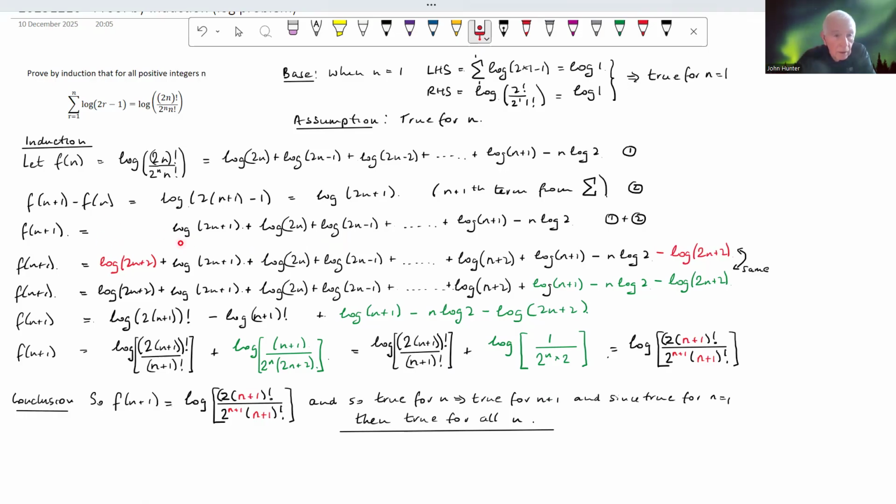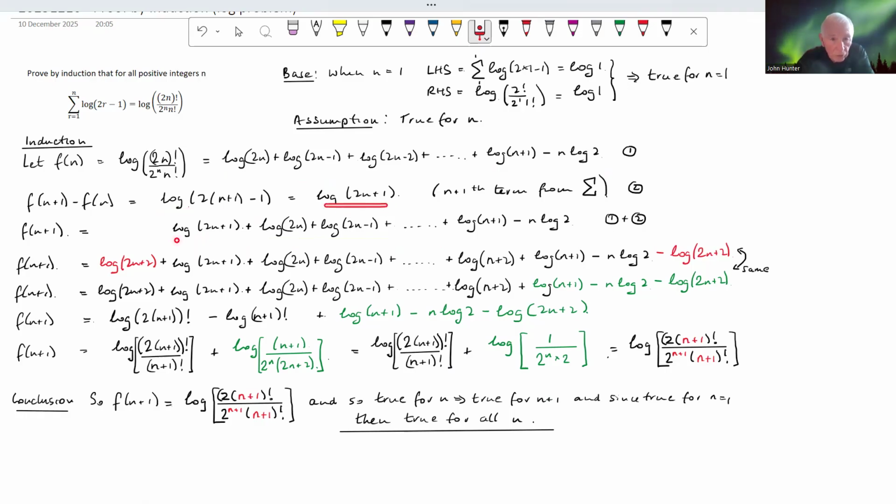So we've got an expression for f of n plus 1. If we add this, the nth term here, and this, then what we're going to get is this.